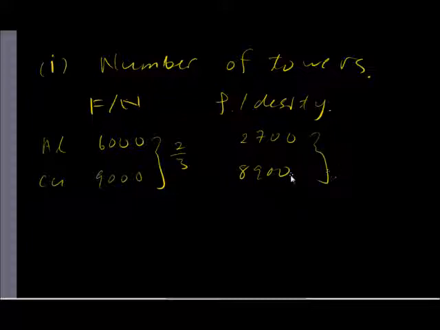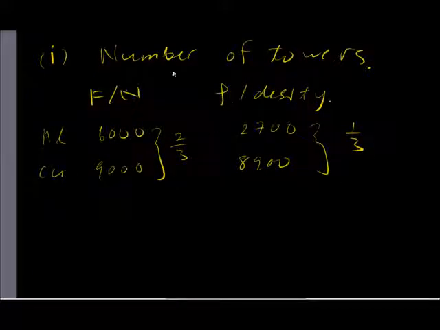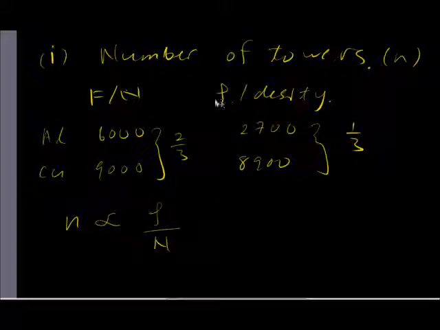And the ratio of this is approximately 1/3. Since we know that the number of towers, let's represent it by n, this n number is directly proportional to rho and inversely proportional to F.